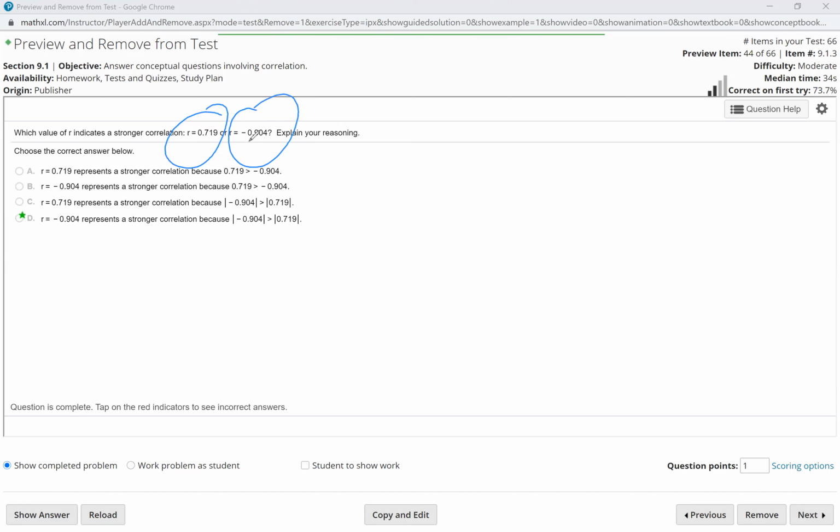Well, the -0.904 is stronger because it is closer to -1 than the 0.719 is close to 1. So although it's a negative relationship, it is a very strong negative relationship. As I told you, the closer to -1, the stronger the relationship. The closer to 1, the stronger the relationship. And he gives you the answer as D there. Again, this is a 10-second question.